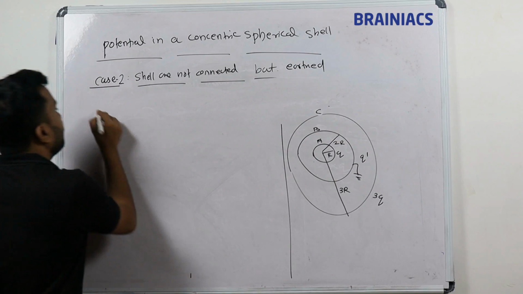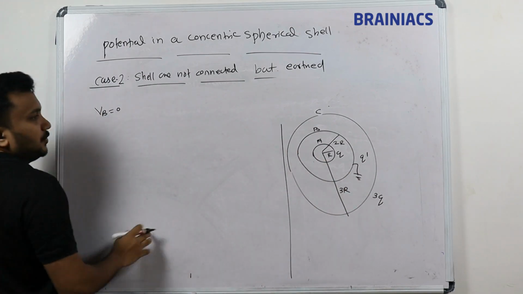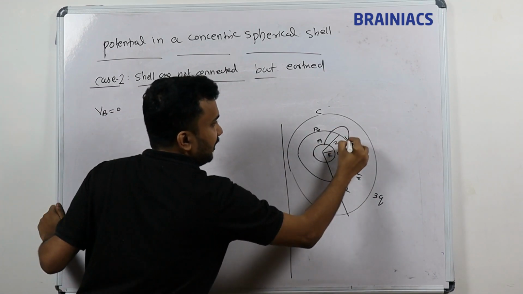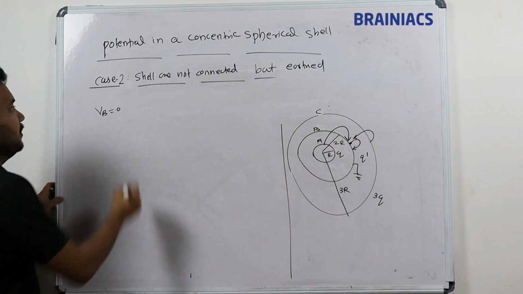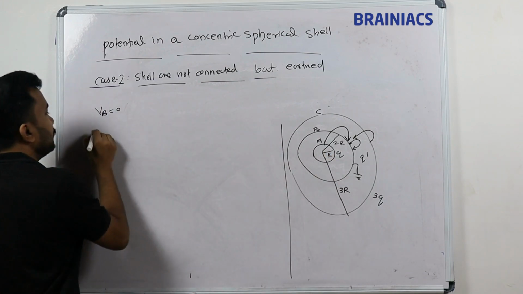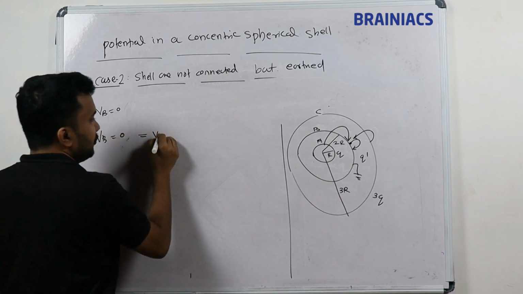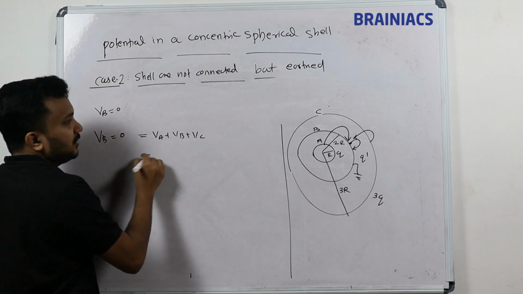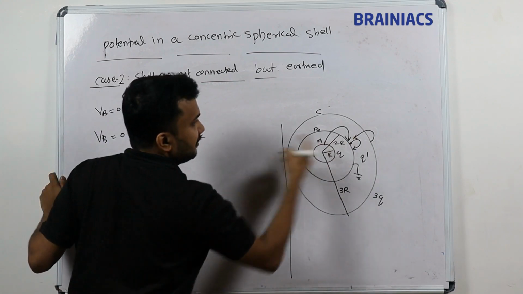I can say the potential at B is equal to 0 because B is grounded. So I am going to find the potential at this point, which means potential due to A, potential due to B and potential due to C. So VB is equal to 0, which is equal to potential due to A plus potential due to B plus potential due to C. The potential due to A is KQ divided by 2R, since with respect to A this is an outside point.